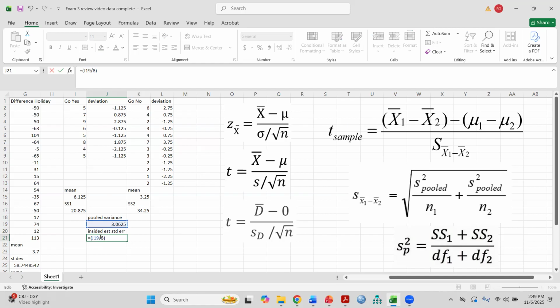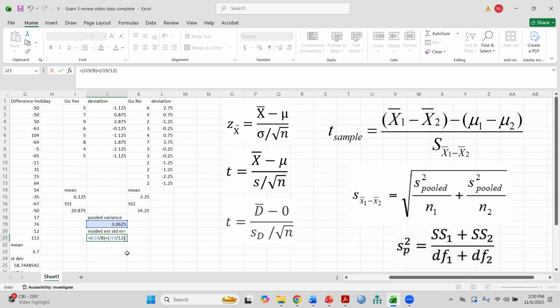No, wait a minute, I didn't do that quite right. No, there, I did. Okay. I was looking at the wrong equation for a second. So we've got that, and then we're going to add to that the pooled variance again, divided by the number of people in the second group, which was 1, 2, 3, 4, 5, 6, 7, 8, 9, 10, 11, 12. Beautiful.